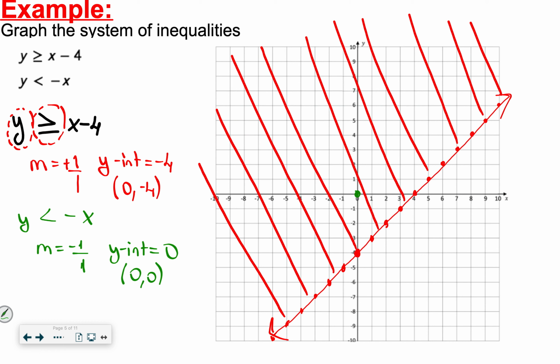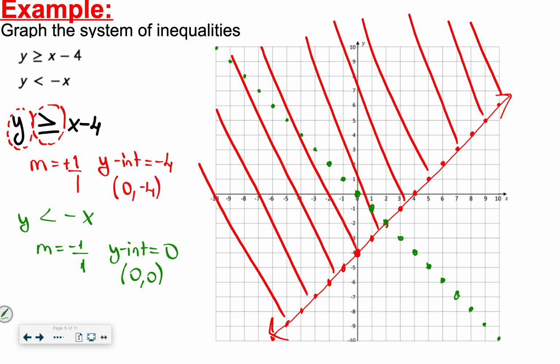How am I going to find other points? You need to use slope. 1 unit up, 1 unit left, 1 unit up, 1 unit left. Or 1 unit down, 1 unit right, 1 unit down, 1 unit right.